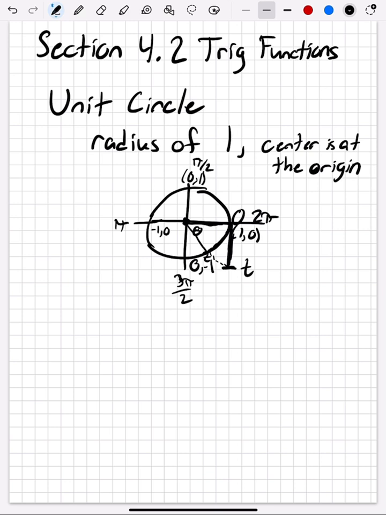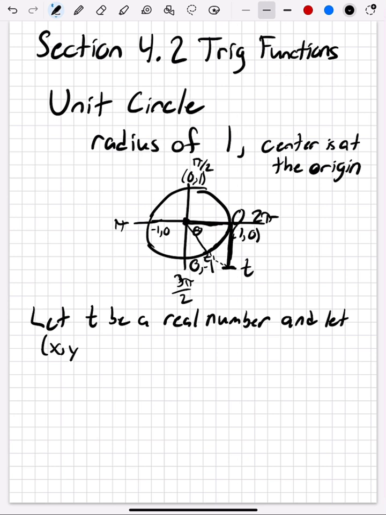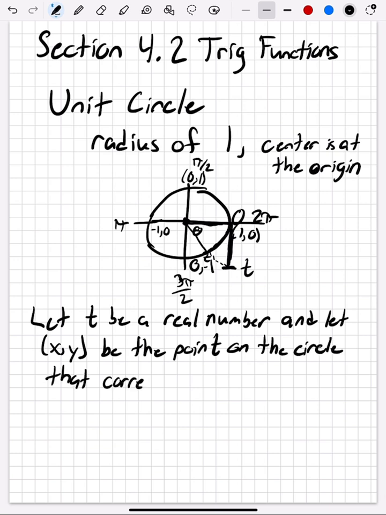so now let's look at trig functions that go along with that. So let t be a real number, and let x and y be the point on the circle that corresponds to t.